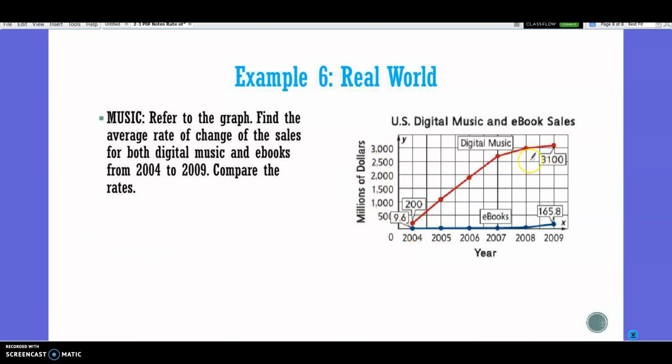This is already in millions, so 3,100 minus 200 over, this was in 2009, minus 2004. Okay.